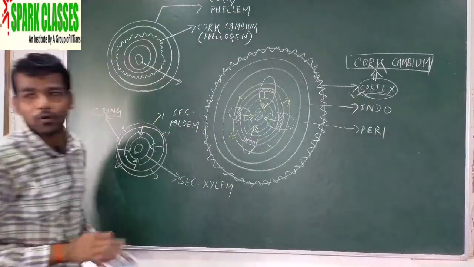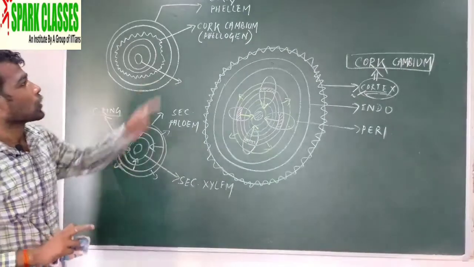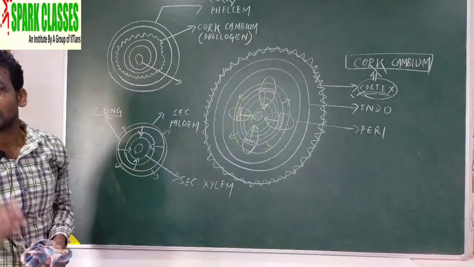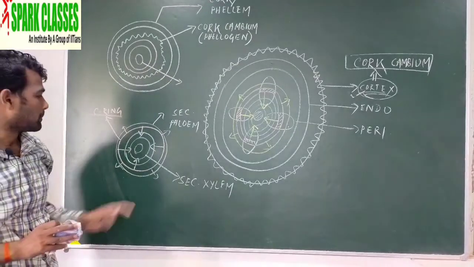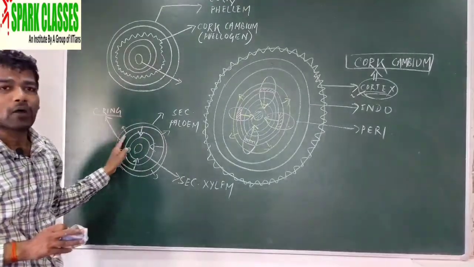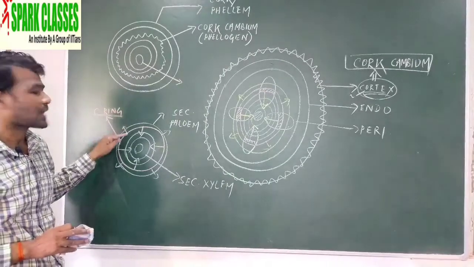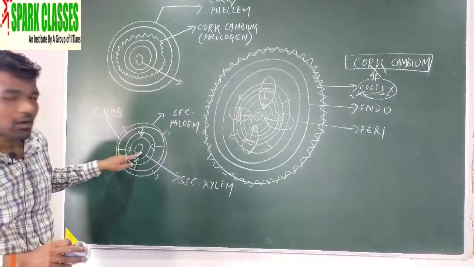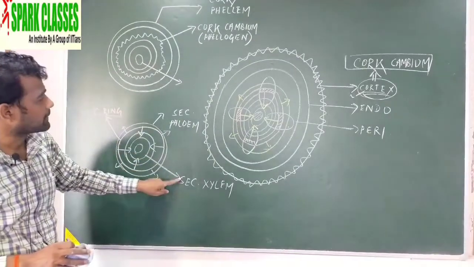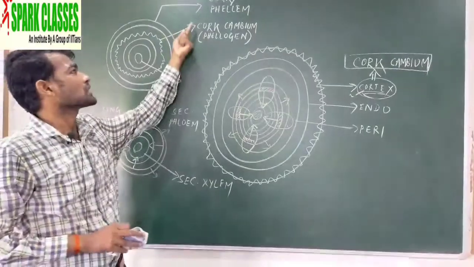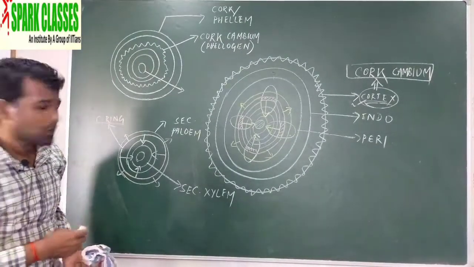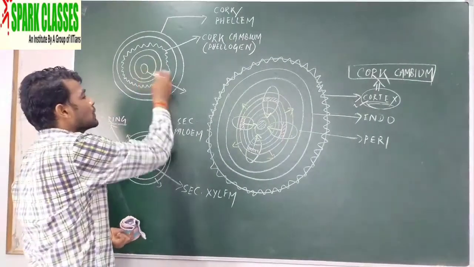So you have to remember what is cork and phellem. Cork or phellem is produced outer to the cork cambium. Just like if a question comes, what is produced towards the outer side of the cambial ring? Towards the outer side of the cambial ring there is secondary phloem. Towards the inner side of the cambial ring there is secondary xylem. Similarly, towards the outer side of the cork cambium there is phellem or cork, and towards the inner side what is produced?